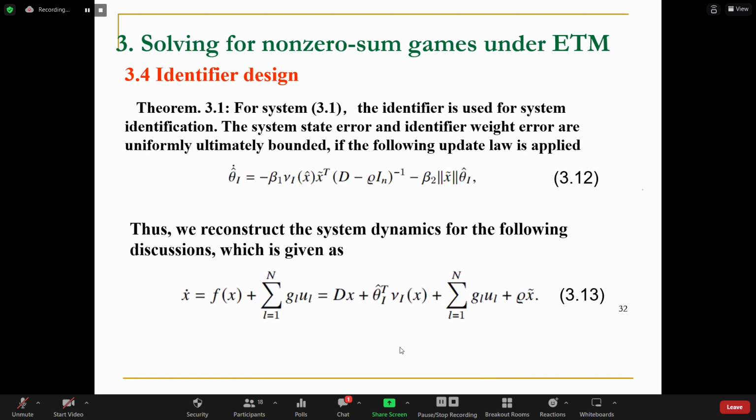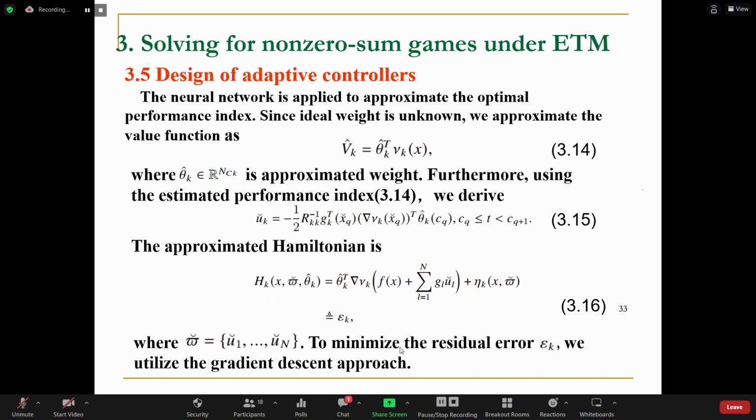Since the system dynamics is unknown, we design the identifier network to reconstruct the system dynamics for the following discussions. In this work, we use the neural network to approximate the optimal performance index. We can derive the event-based Hamilton function. This is the foundation of the ADP method.